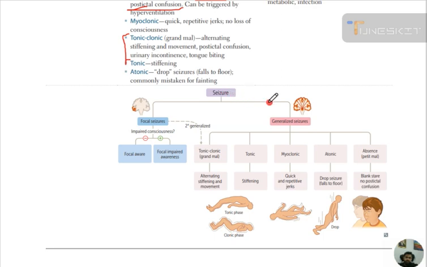And the other type of seizure is generalized seizures, which are tonic, stiffening, myoclonic, quick and repetitive jerks, atonic, drop seizures, fall to the ground, absence, petit mal, blank stare, no post-ictal confusion. So, tonic-clonic, grand mal, alternating stiffening and movement.